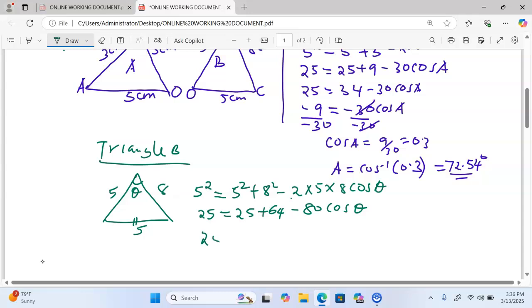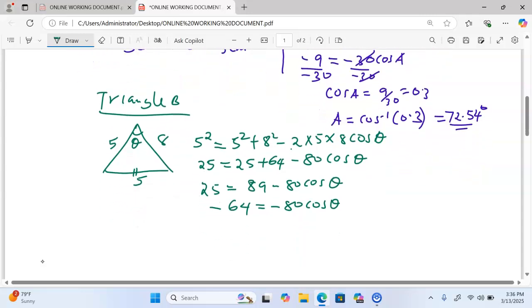So we are going to have 25 being equal to 64 plus 25, which will give us 89, minus 80 cos of angle theta. If we move 89 to this other side, it will become 25 minus 89, which is going to give us negative 64, being equal to negative 80 cos of angle theta.